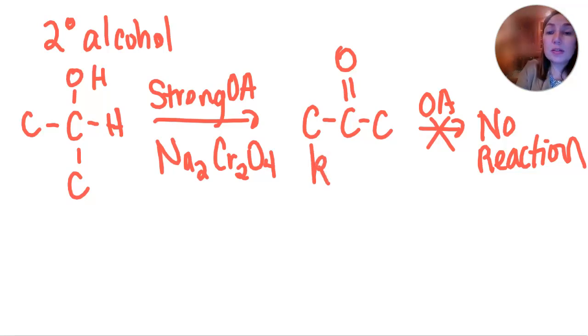Actually, let's label this ketones. And we didn't see any further oxidation of those ketones. And by the way, we were able to do just the aldehyde to carboxylic acid with our weak oxidizing agents as well. So that concludes our introduction and review for now.